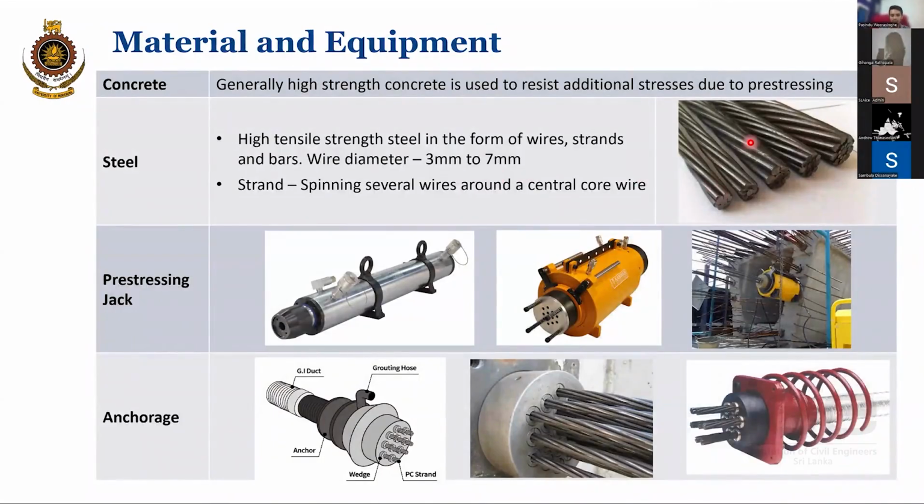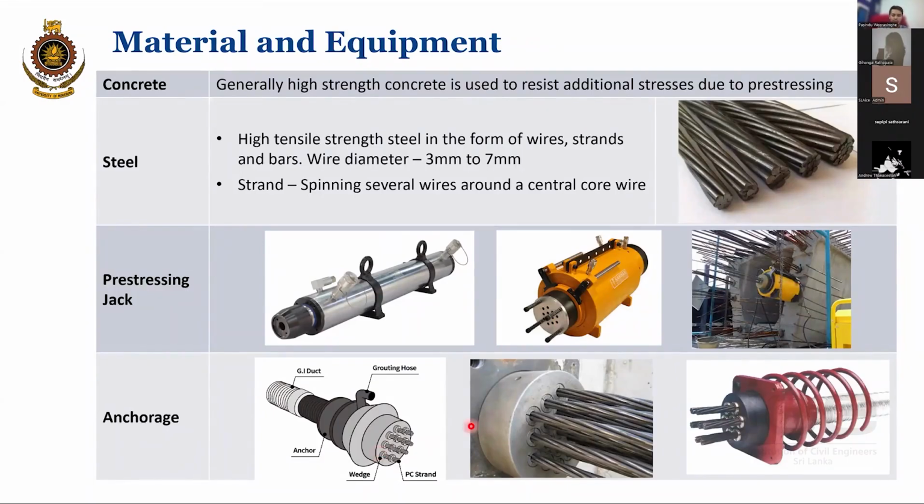So these are strands. And the pre-stressing force is applied using a jack like this. This is like a pre-tension jack, and this can be a post-tension jack. When the cable is coming out, it can be fixed to the cable like this and jacked from this position. And these are the anchor blocks.